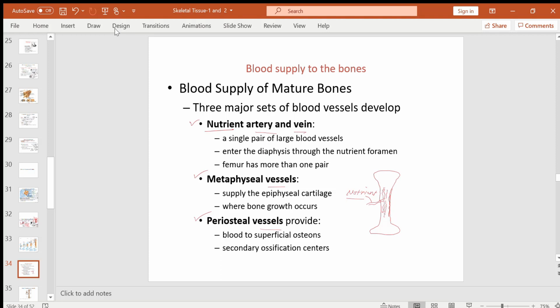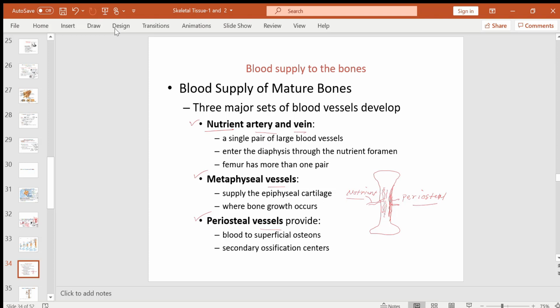You remember the covering of the bone is called what? The periosteum, that membrane, right? Inside that membrane you have the blood vessels. So that is the periosteal vessels, and they supply blood to the outer part of the shaft.